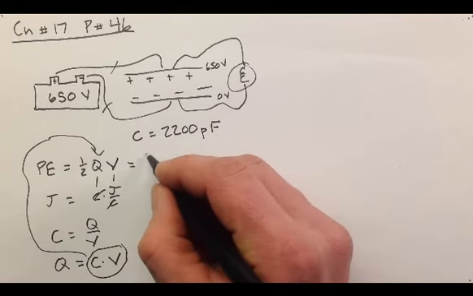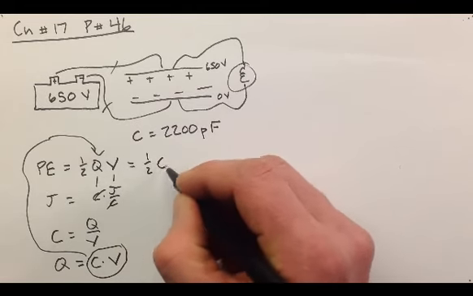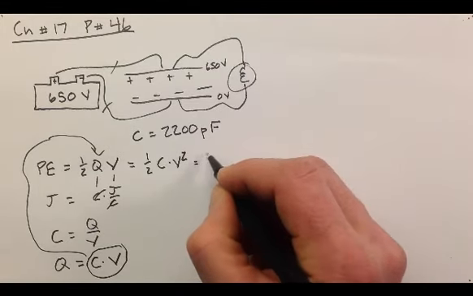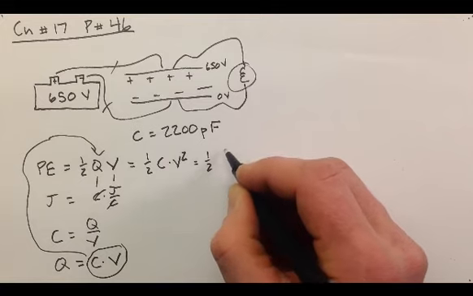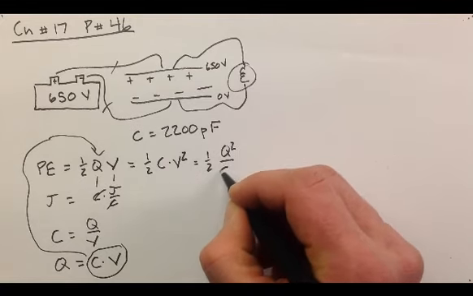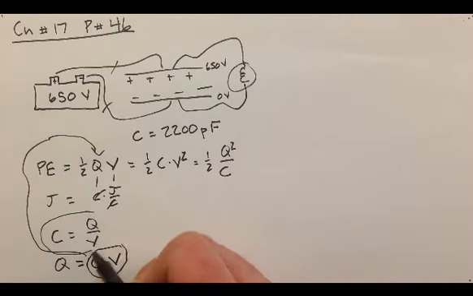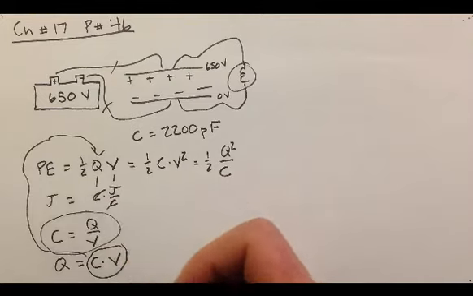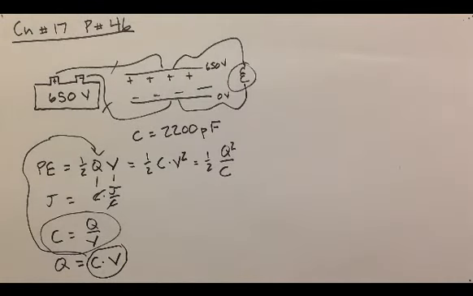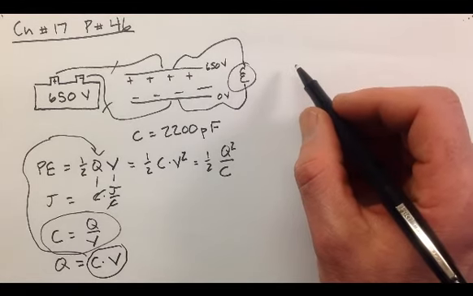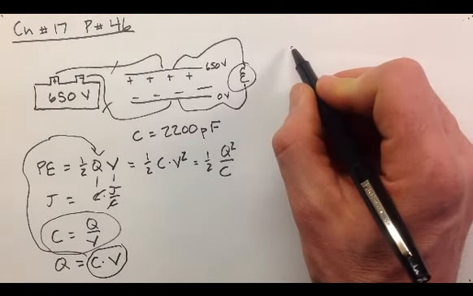For instance, I could get 1/2 C times V squared, or if I rearranged again, 1/2 Q squared divided by C. So there are a couple of different permutations of this equation depending on what you know. But let's go ahead and solve this problem.